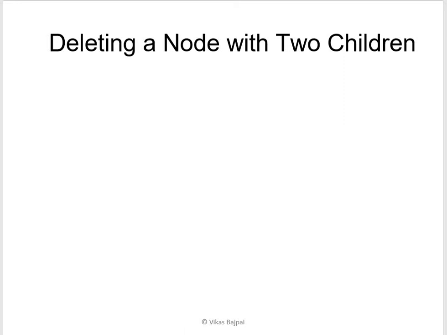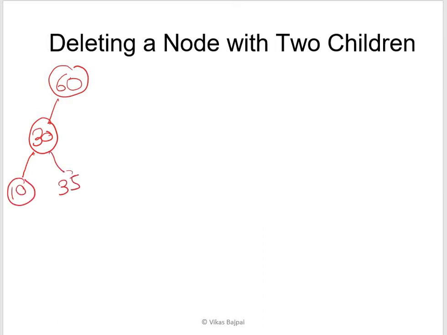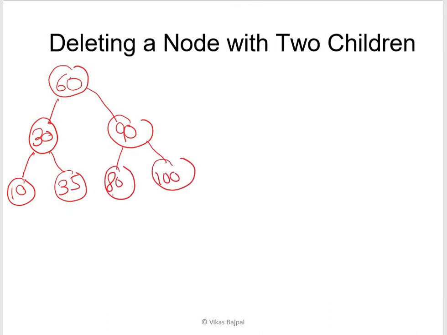Our very old example where we were having values like 60 on this and 30. Why I'm taking the same example is to give you the entire feel of how this is taking place. 10, then we have 35 on this end, we have 90, and then we have 80, we have 100, we have 75, and we have 85.